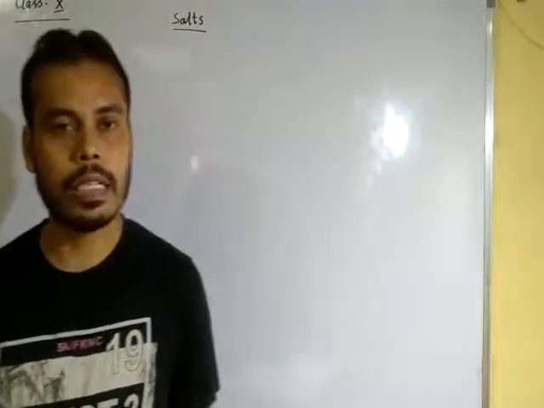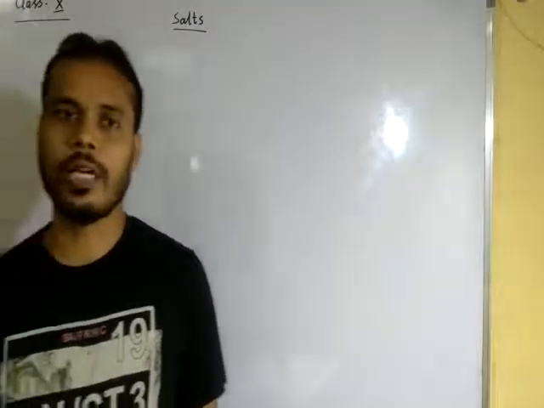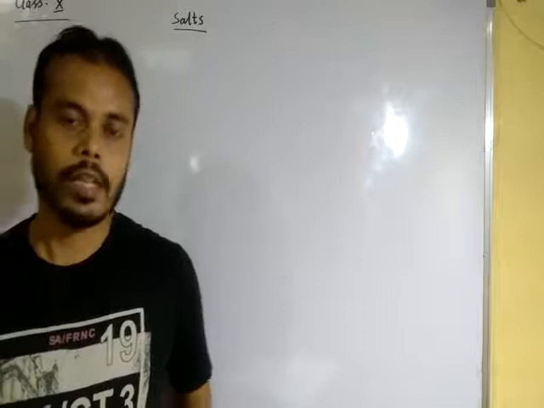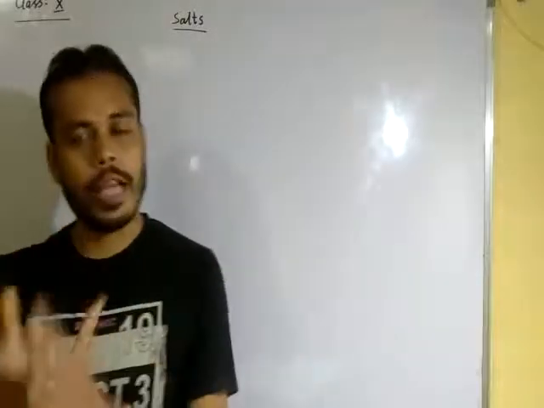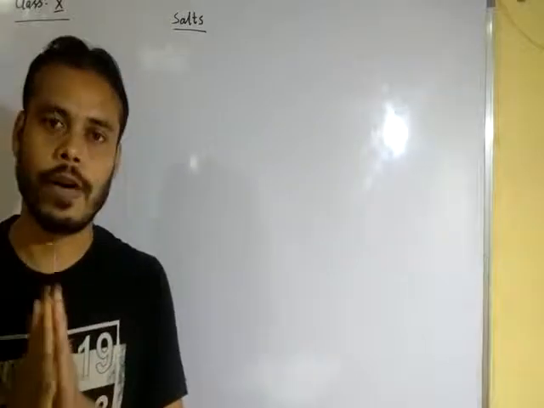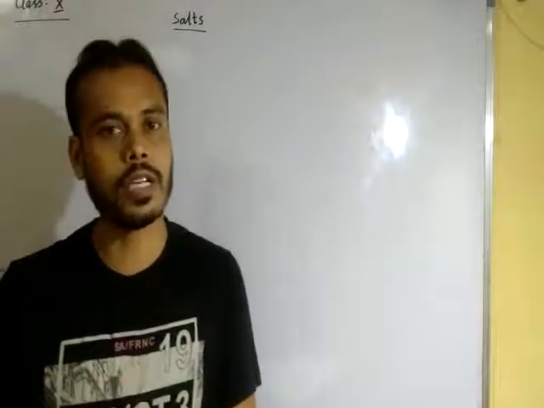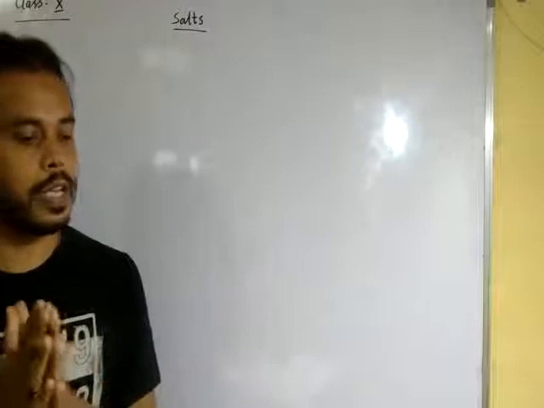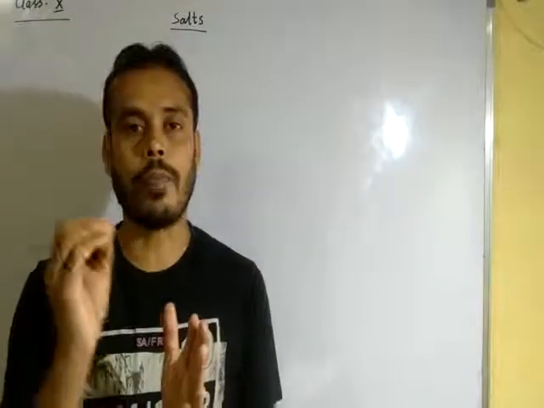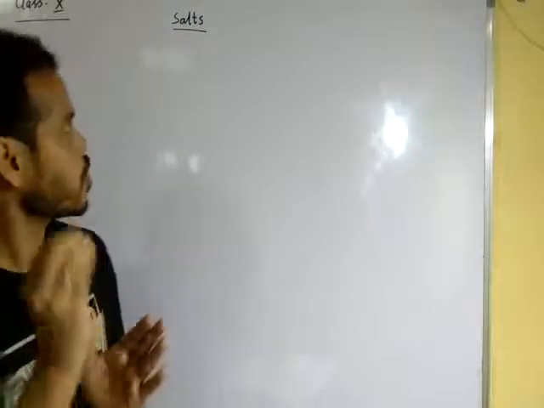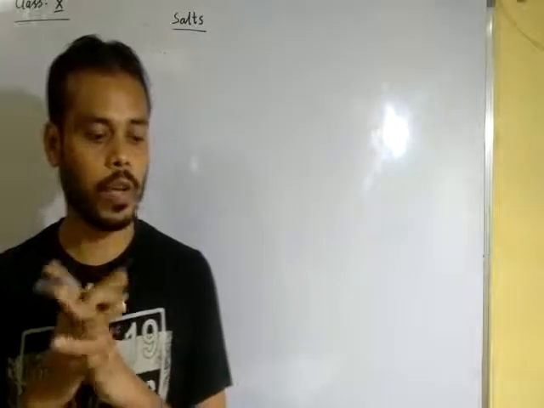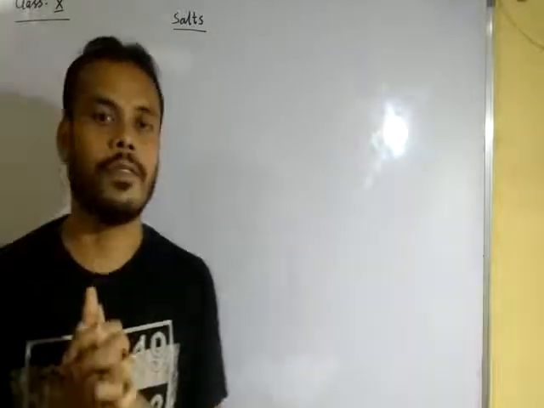We have seen in the chemical properties of acid and base that when acids and base react to each other to form salt and water, it is called a neutralization reaction. So the definition is: a salt is a compound formed by the neutralization of an acid and base, or vice versa.